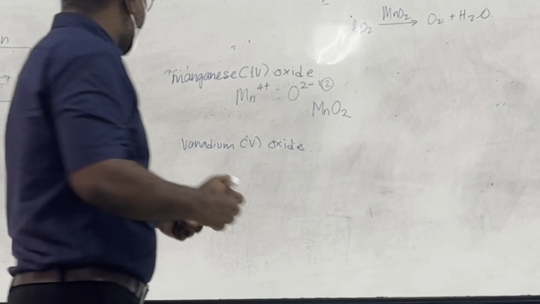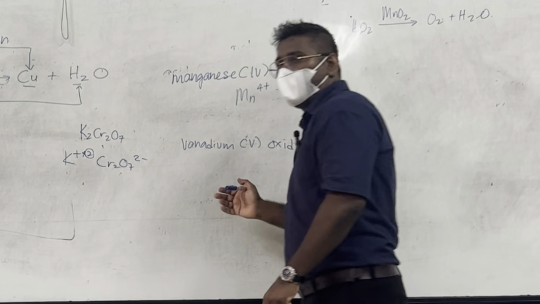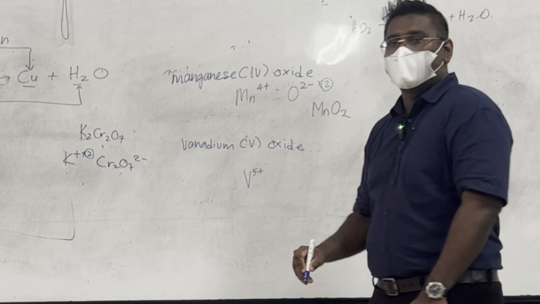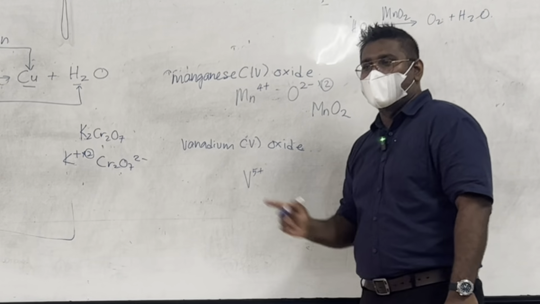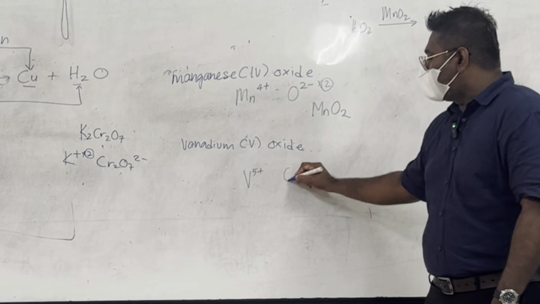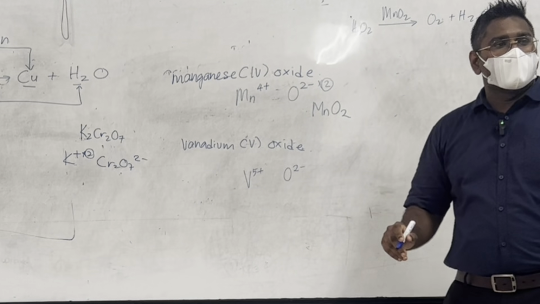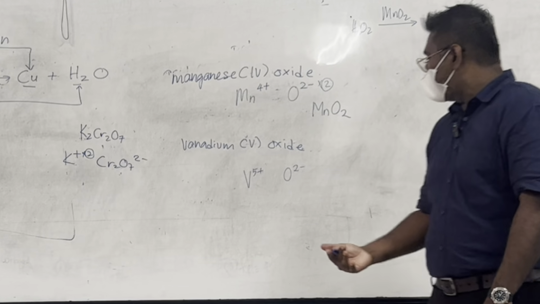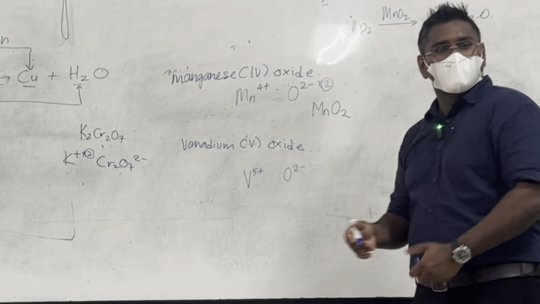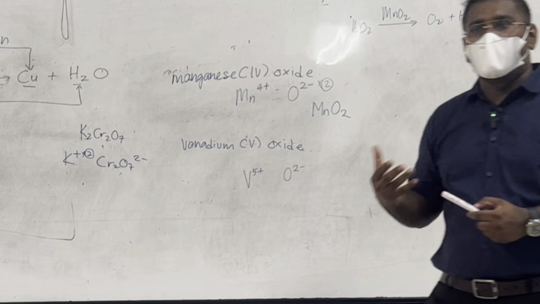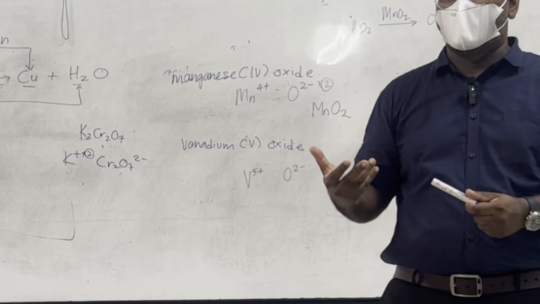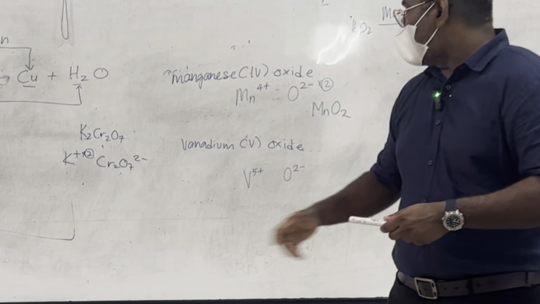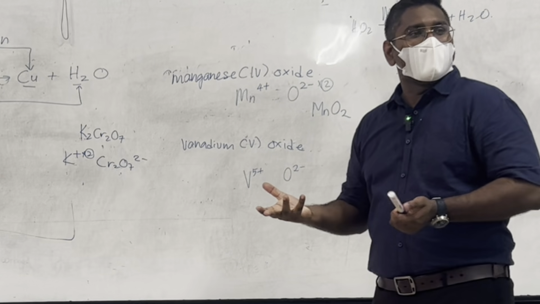And how do I write down vanadium 5 oxide? Vanadium V5+. The oxidation number is given by the number itself. Oxide 2-. So what do I need to do over here? Kevin? 5 and 2. The common multiple is 10.